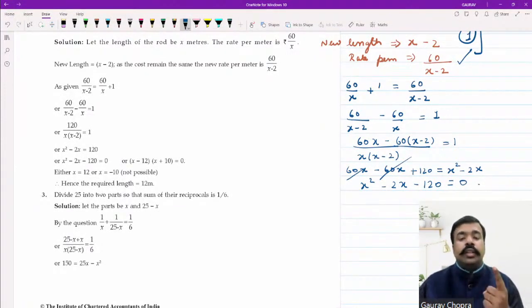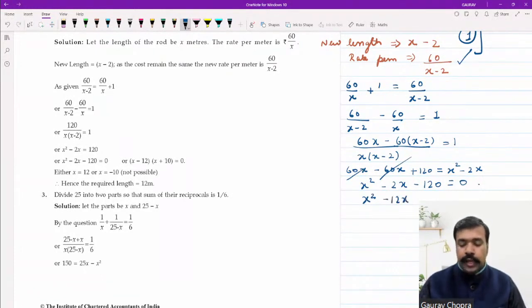We can try with the options, the factor method, or the Sridharacharya method. Or we can apply options in the beginning also. I will always suggest to take the options and solve it. So if we do the factors of 120, we are getting x square minus 12x plus 10x minus 120 equal to 0.